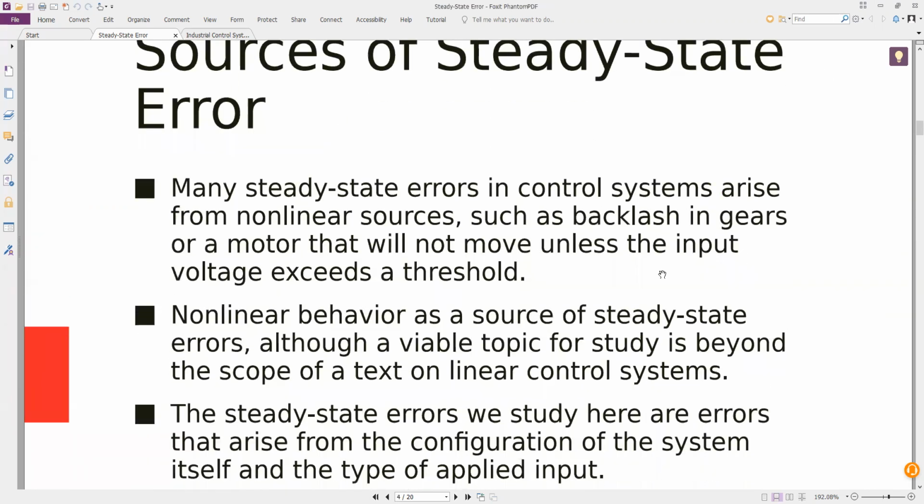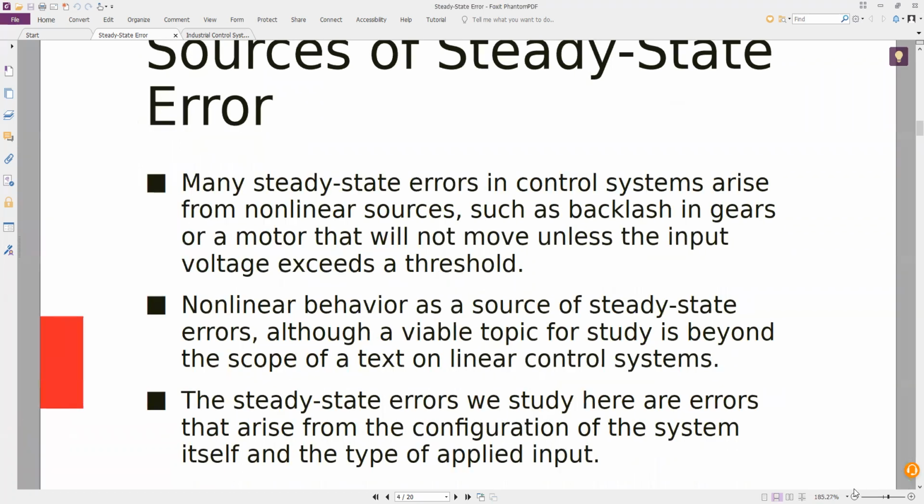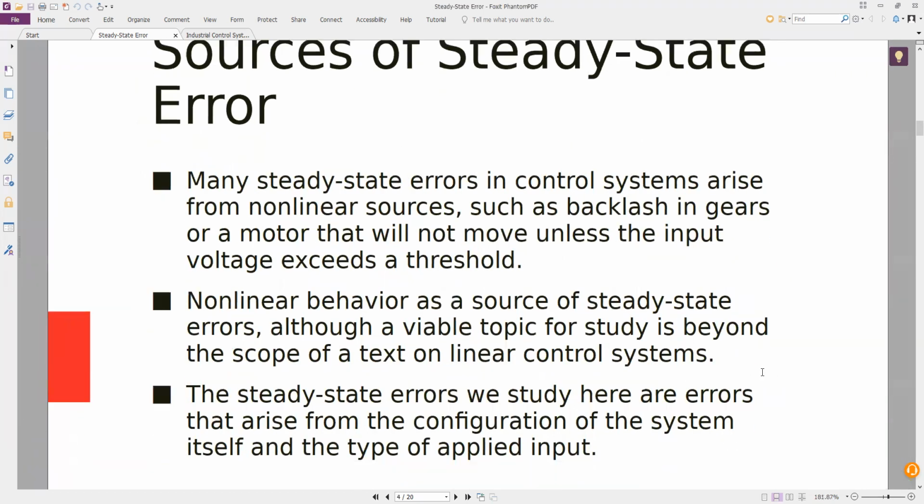What are the sources of steady state error? Some names are given here. Many steady state errors in control systems arise from nonlinear sources, such as backlash in gears or a motor that will not move unless the input voltage exceeds a threshold.